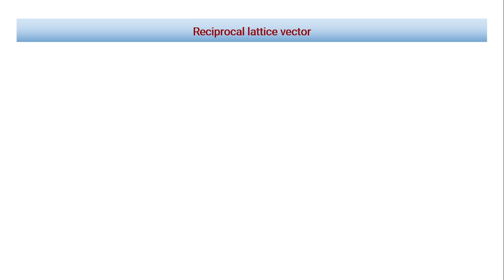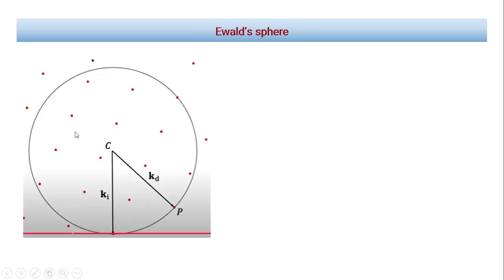Like how this comes is, if we have some lattice vector defined in this direction with this particular length, like if I have some reciprocal lattice vector of some particular length ki, and taking one end of it as center and taking the tip as radius, if I draw a circle, then in 3D it will be a sphere, in 2D I'm saying it's a circle.